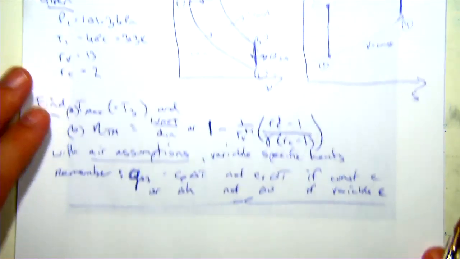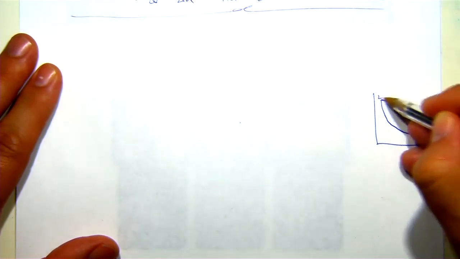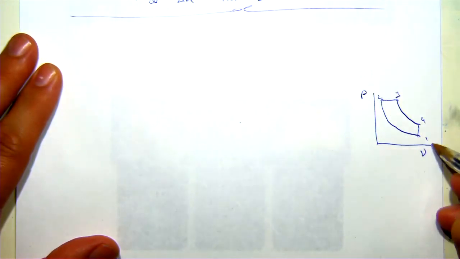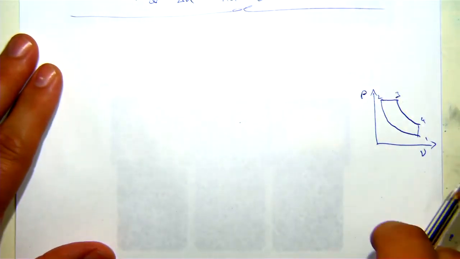Let's start to solve this. I'm going to redraw, just in the corner here, my PV diagram, 1, 2, 3, 4, for the sake of remembering where P and V are and where 1, 2, 3 and 4 are.